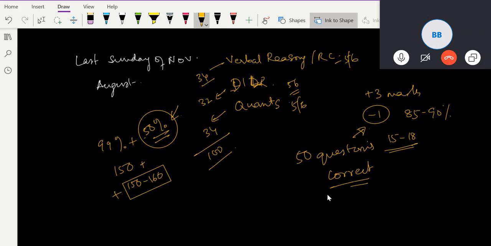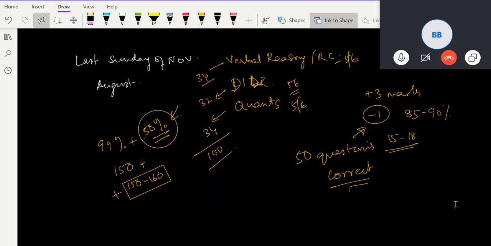Yes. See, the level of difficulty in CAT is basically because of the time constraint, nothing else. If you look at any CAT paper and sit down with ample time, I'm sure you'll be able to crack most of the questions, if not all. The difficulty is because of the time constraint.